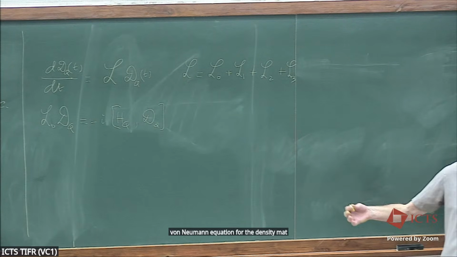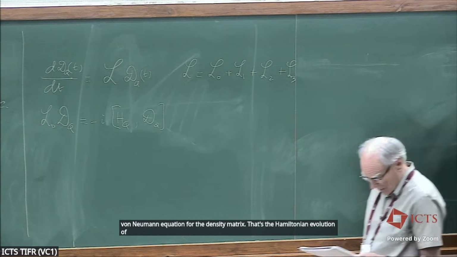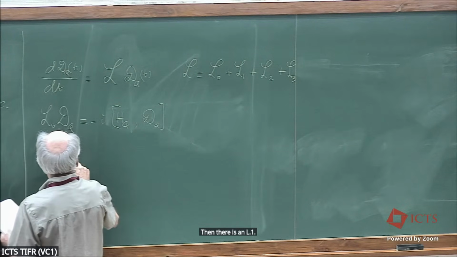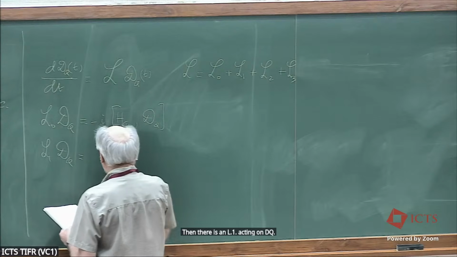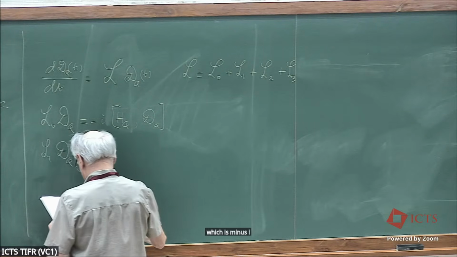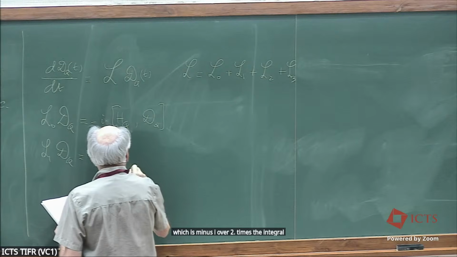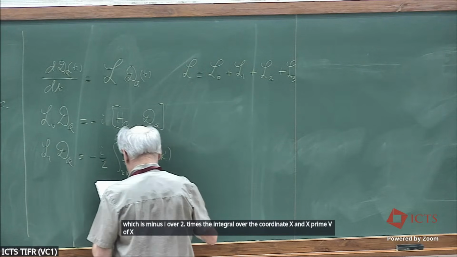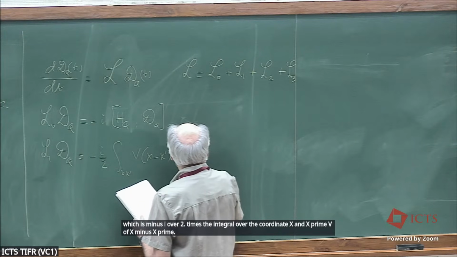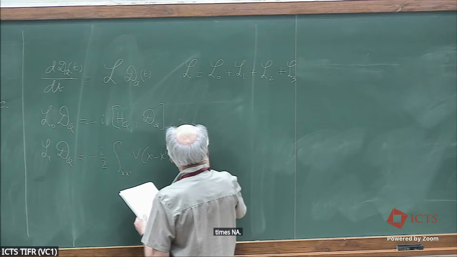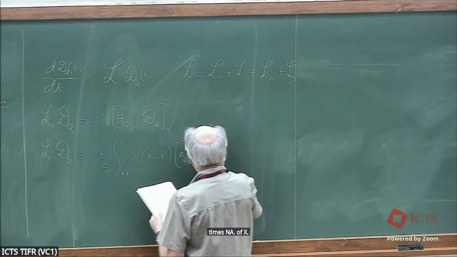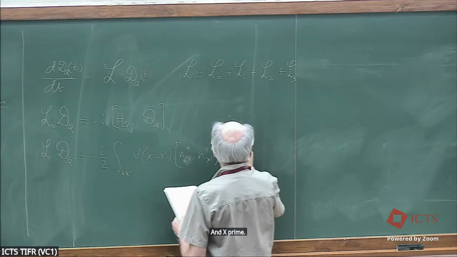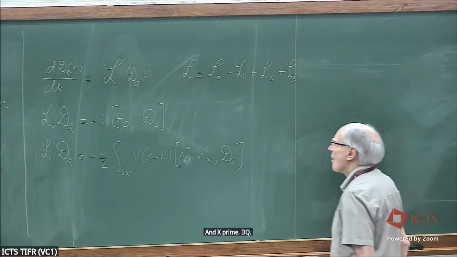That's the Hamiltonian evolution of D. Then there is an L1 acting on D_Q, which is minus i over 2 times the integral over coordinates x and x prime of v(x minus x prime) times n_A(x), n_A(x prime), commutator with D_Q.